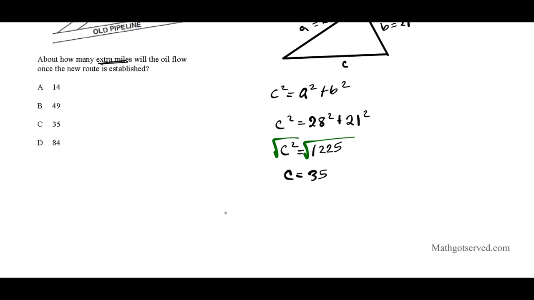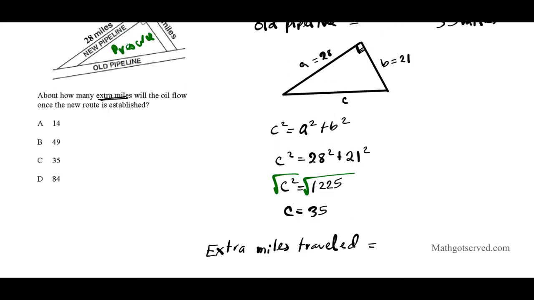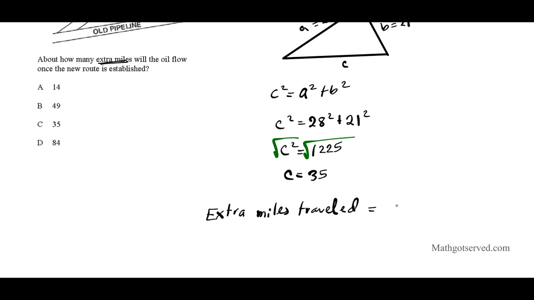Extra miles traveled is basically the new minus the old, right? So the new is, what was the new again? 49. 49 minus the old, which is 35. So 49 minus 35 is 14 miles. So our correct answer is option A. Okay? All right, let's move on to the next question.